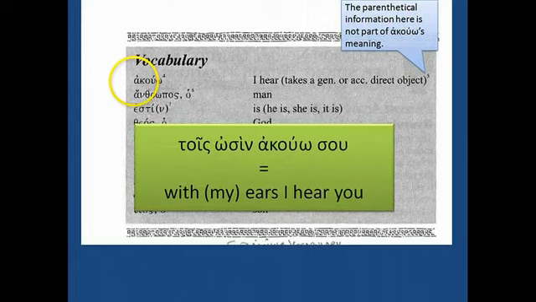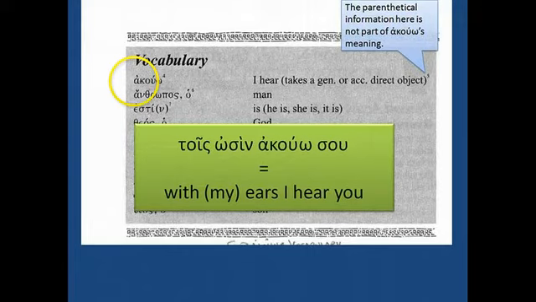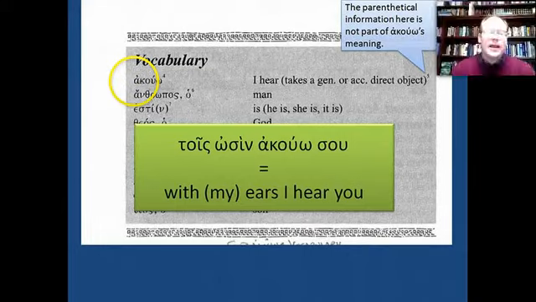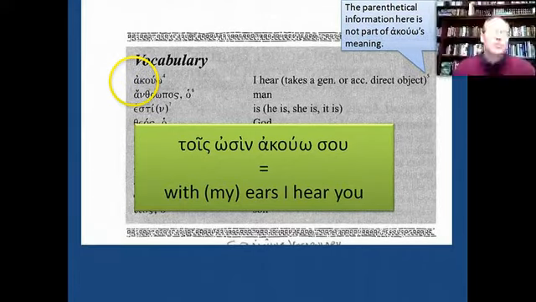Well, in that first line, tous osin akouosu, we see the verb akouo, I hear, and its direct object is you, and su is in the genitive case. So this is an example of akouo taking a genitive direct object. This phrase, tous osin akouosu, means I hear you with my ears.